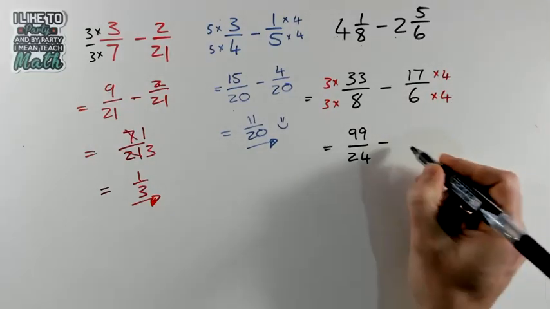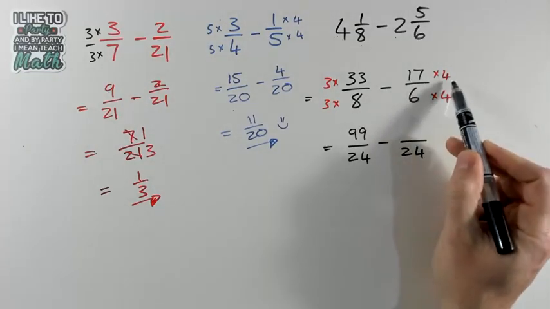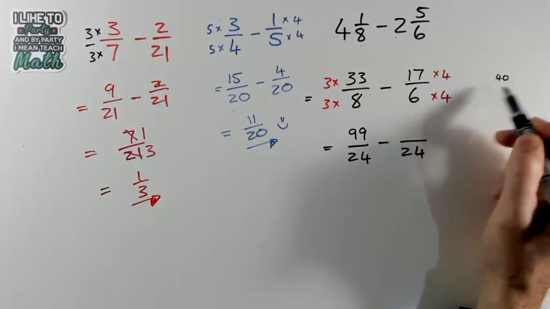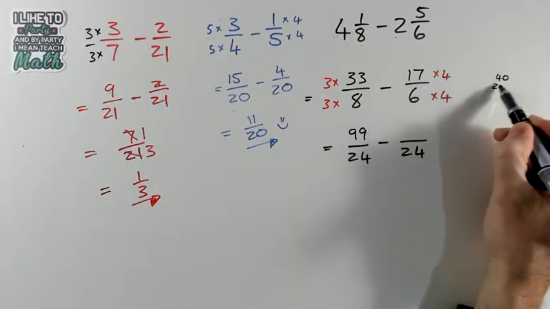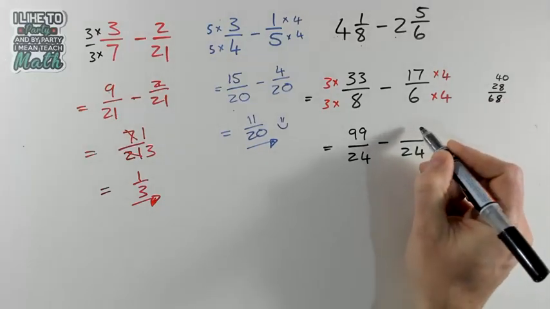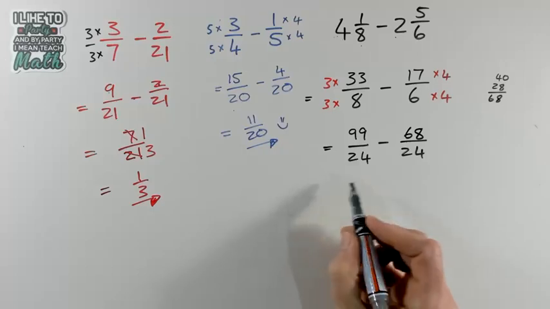Okay, so the bottom part is easy. 6 times 4 is 24. So for 17 times 4, 10 times 4 is 40, and 7 times 4 is 28. So that will just be 68. And now we just have to minus.